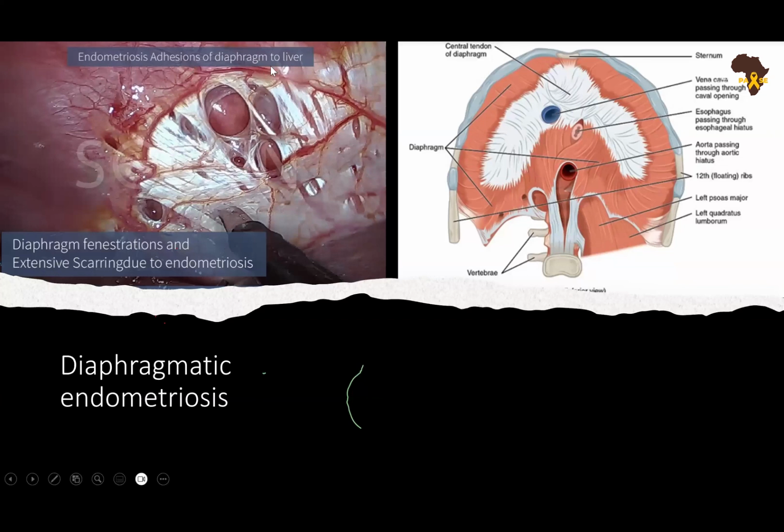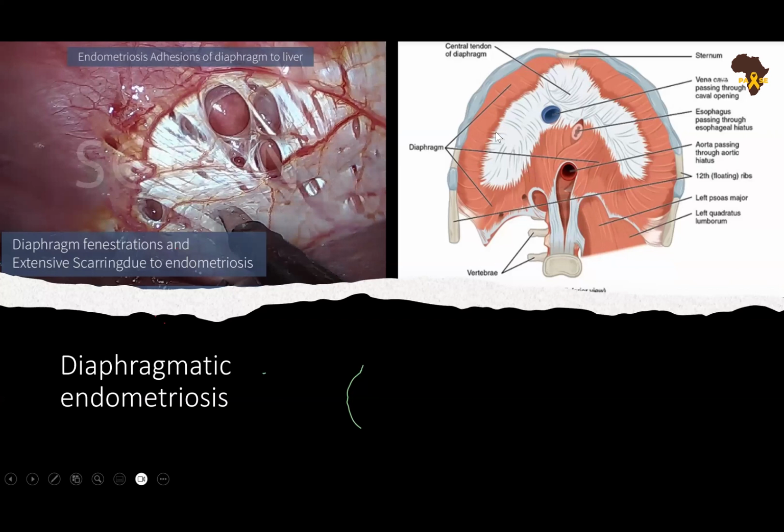We have lesions of endometriosis causing adhesions of the diaphragm to the liver, causing fenestrations, scarring, nodularity, and bleeding into the pleural cavity. So this anatomy is important.